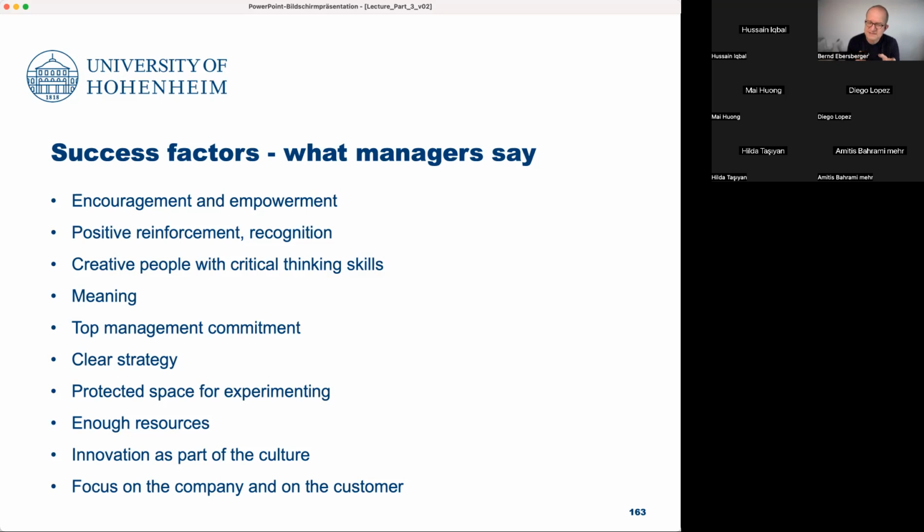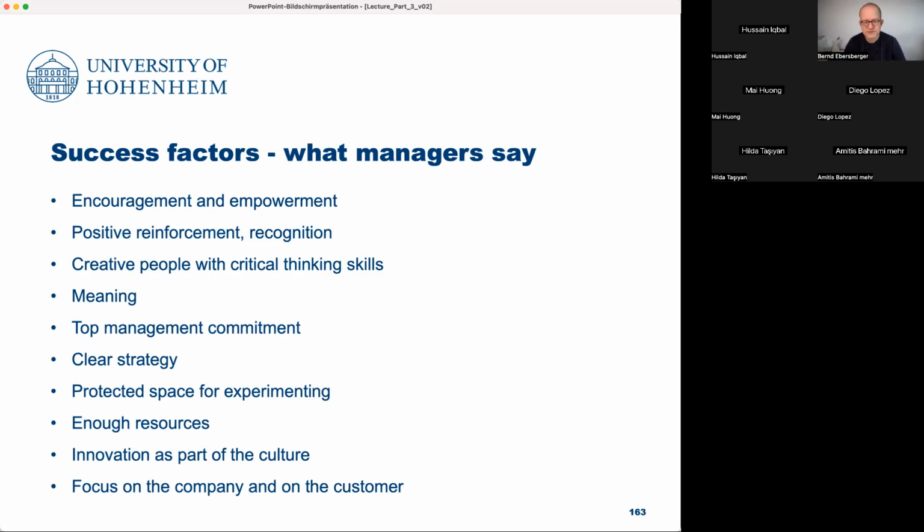They have not asked managers what they think critical thinking skills actually are, but they mentioned critical thinking skills. Meaning is very important. So give your employees a little bit more than just the target or the goal to make profits. So give them meaning. Why are they doing this? What is a broader, higher meaning of working for this company?